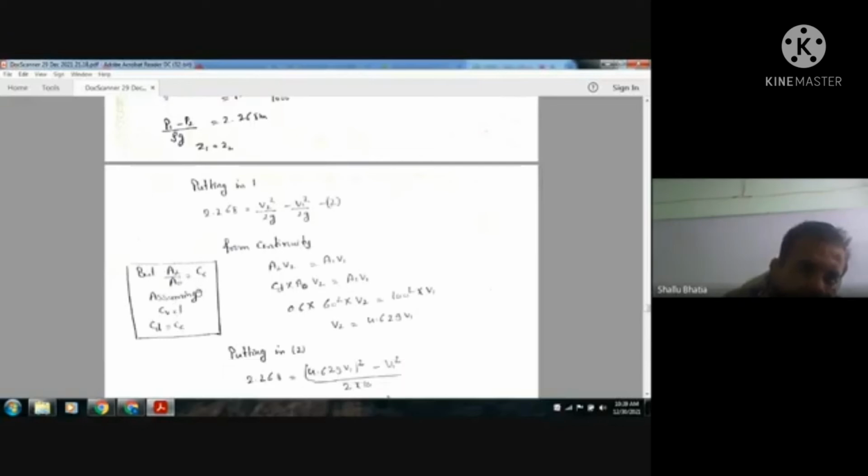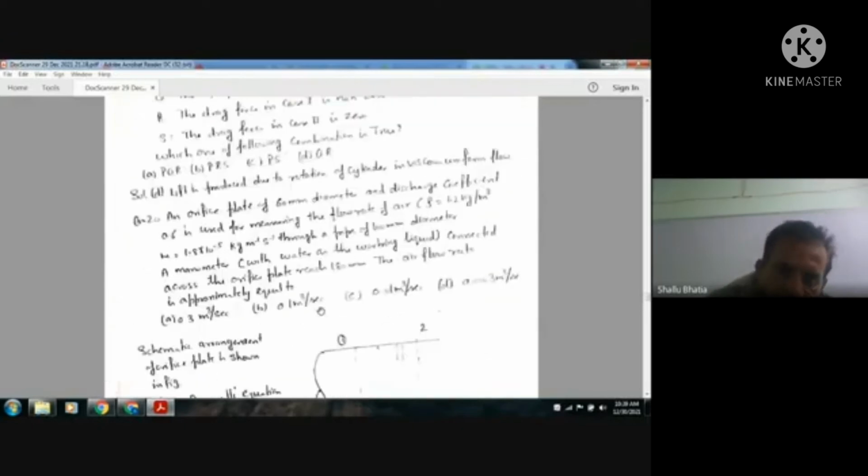So this CD is given as 0.6, so A2 will be CD into A naught, V2, and this will be A1 V1.